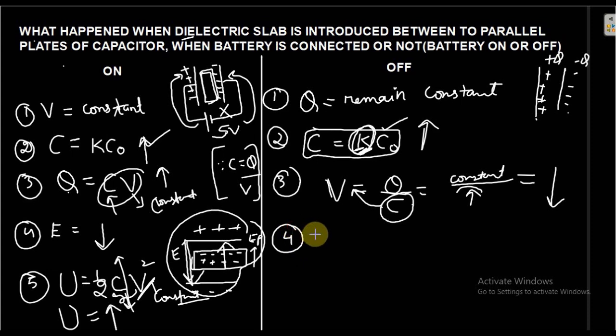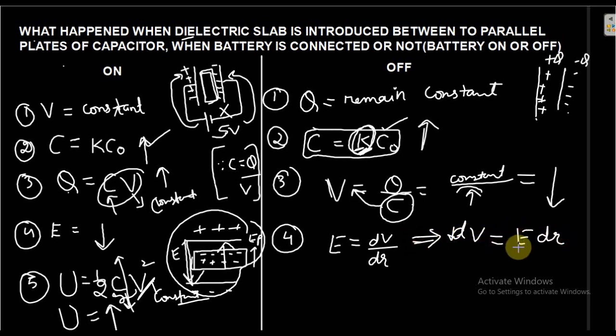Now the next is electric field variation. So we know the formula, E is equal to dV by dr, that is the potential gradient formula. From this formula we can say V is decreasing, or we can even rearrange it. From there we can get dV is equal to E dr. So E is electric field and dr is the distance between the two plates of the capacitor. We are not changing the distance, so dr is constant.